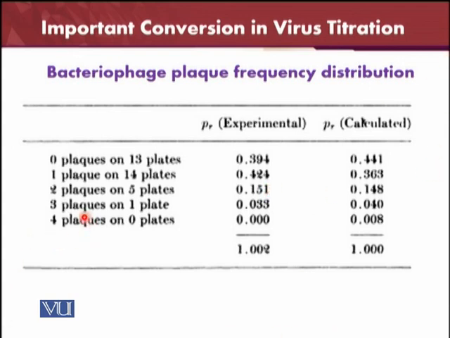If there are 3 plaques on 1 plate, then it is 0.033 and 0.040. Similarly, if there are 4 plaques and 0 plates, then of course it is 0. In this way you can see and analyze the plaque frequency distribution.